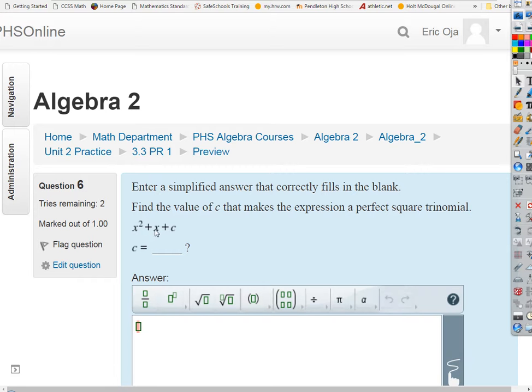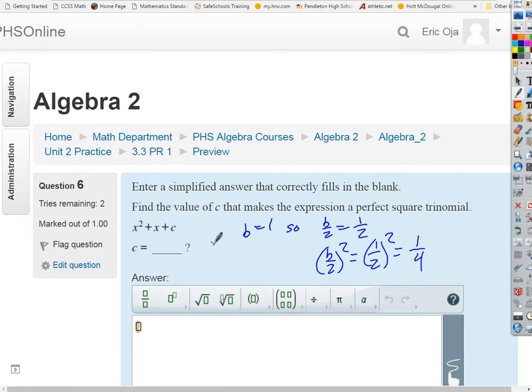Okay, half of 1, because 1 is the coefficient of x. So in this case, b is 1. So half of b is 1/2. And I'm going to add half of b squared, which would be 1/2 squared, which is 1/4.